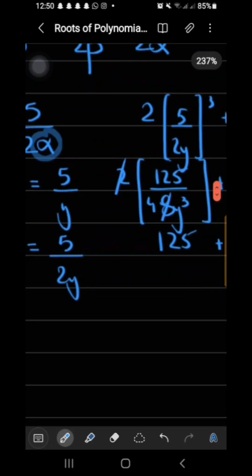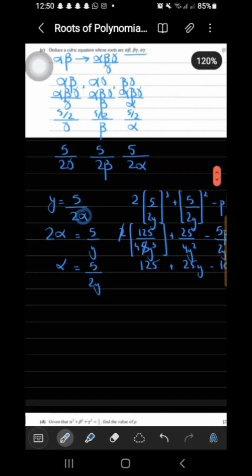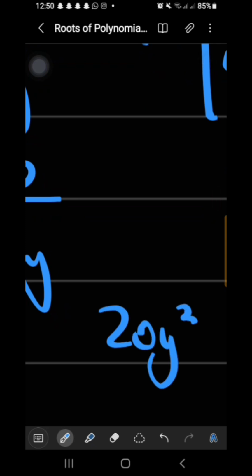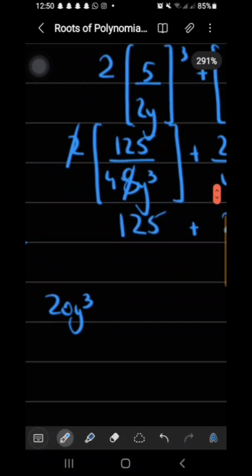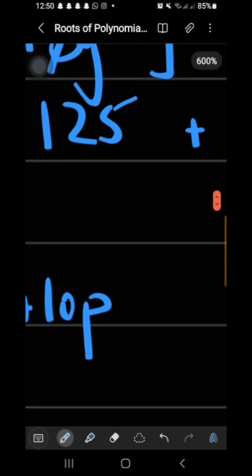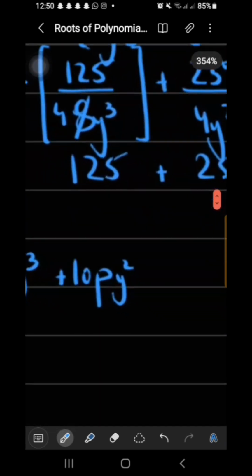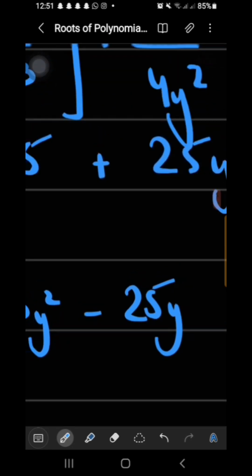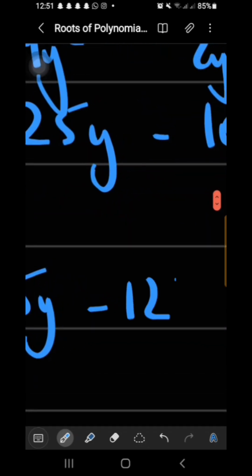So we can arrange this while multiplying this whole equation by negative 1. 20y cube and negative 10py square, which will become 10py square, and then here is positive 25y, which we can write as negative 25y, only y, and then negative 125 as a constant in this equation which we had formed.